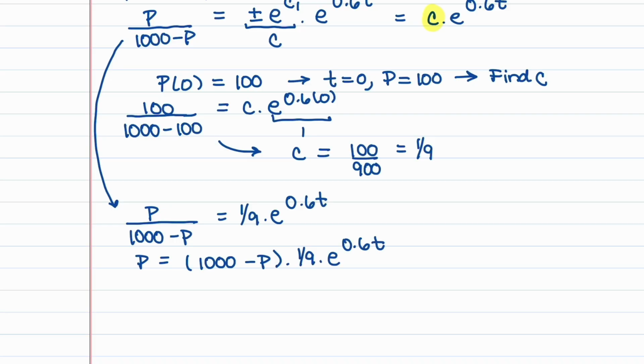There's a lot of algebra here. Let's get rid of this fraction, and let's go ahead and multiply both sides of our equation by 9. This gives us 9P is equal to 1,000 minus P times e to the 0.6t.